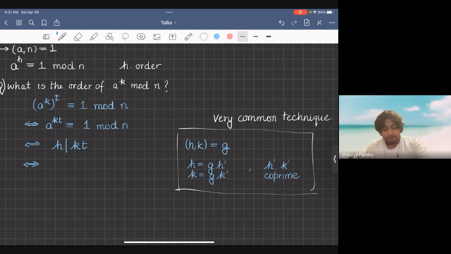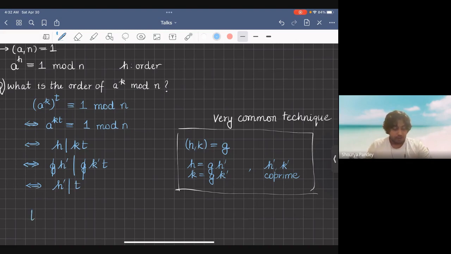Okay, and so this is the same as saying gh prime divides gk prime t. And so I can cut g. But now since h prime and k prime are co-prime, this is just equivalent to saying h prime is a factor of t. And so then what is the smallest t that works?